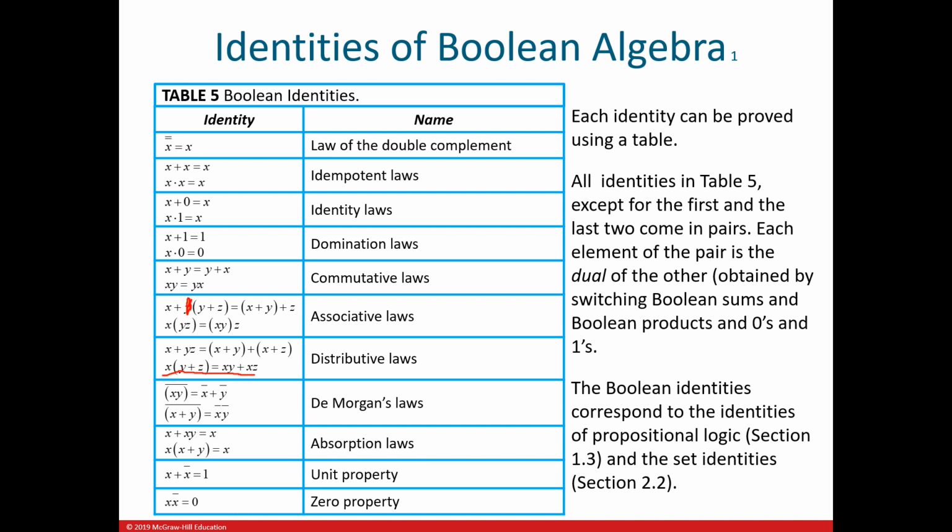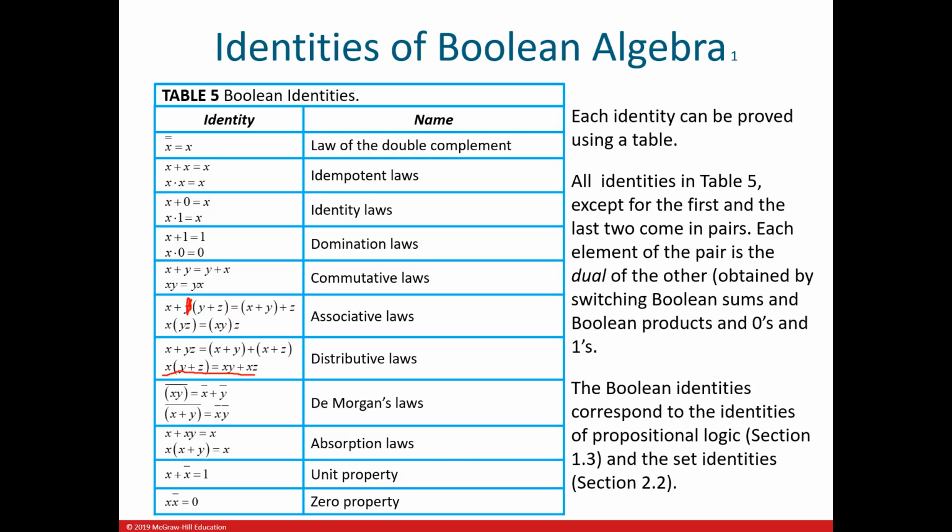Then the absorption laws: when we have x plus xy, then whatever value of x you preserve. Then the unit property, meaning that if you add x and x complement, it will always be 1, and if you have the Boolean product of x and x complement, it is always going to be 0.